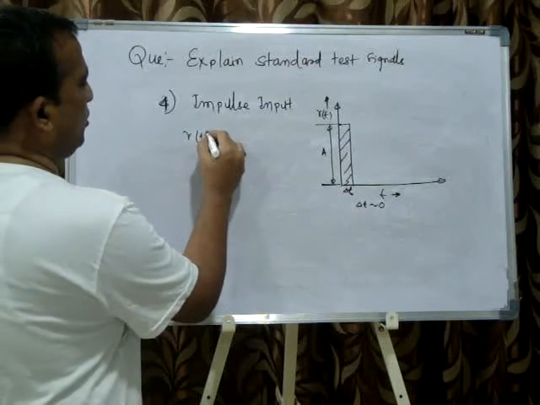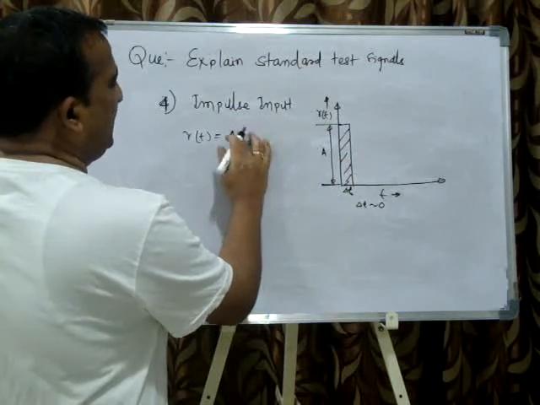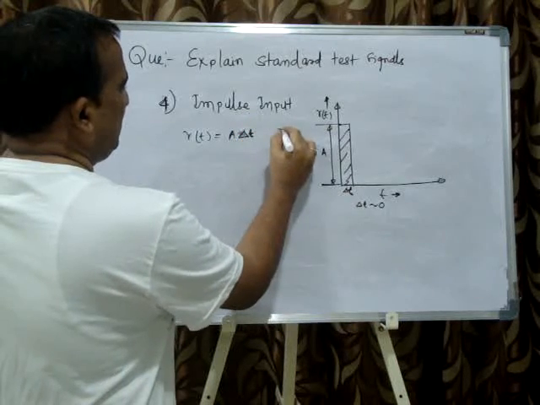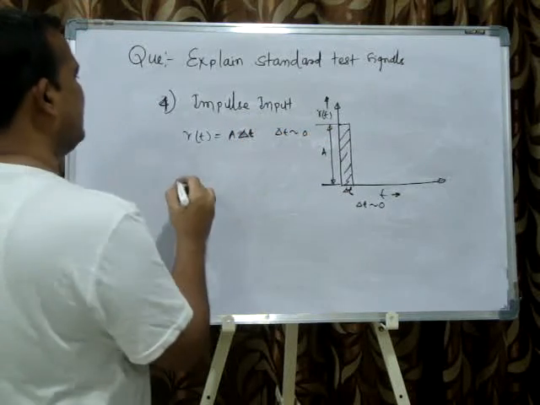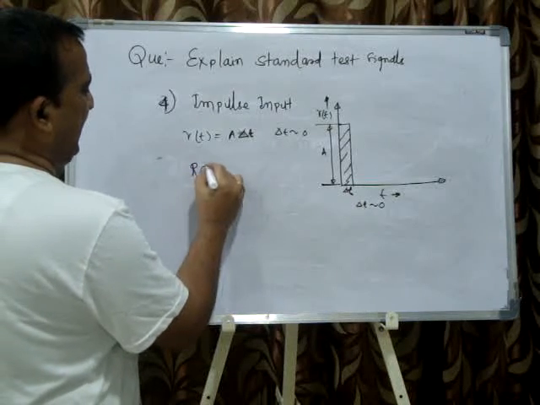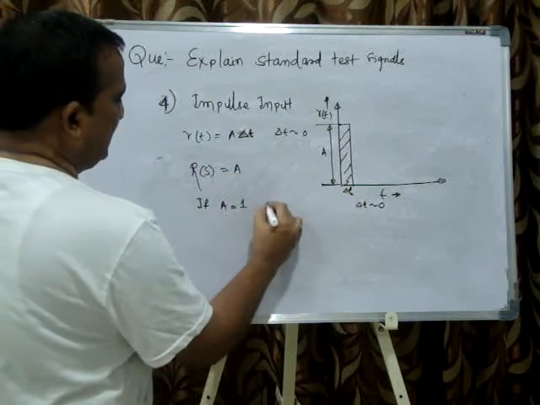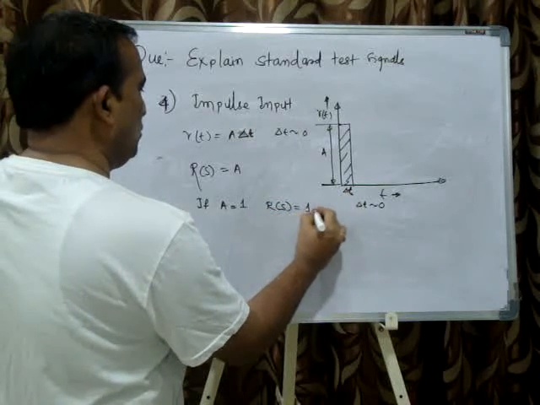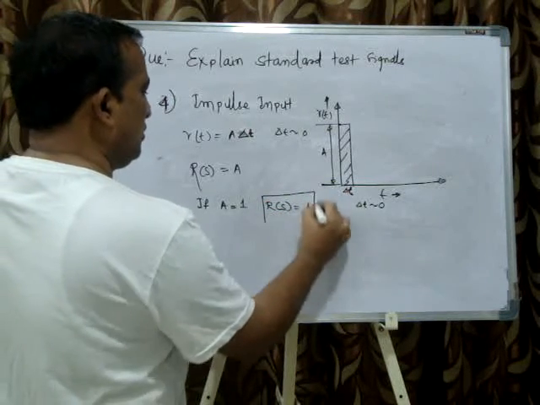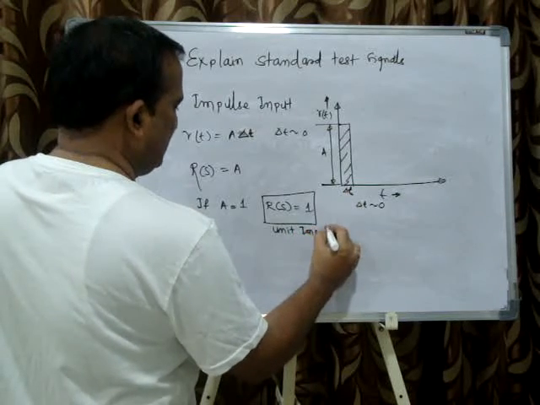So now R of t is equal to area, this area is A into delta t, but delta t is nearly 0. If I take a Laplace, R of s equal to A. If A equal to 1, then R of s equal to 1. It is called what? Unit impulse input.